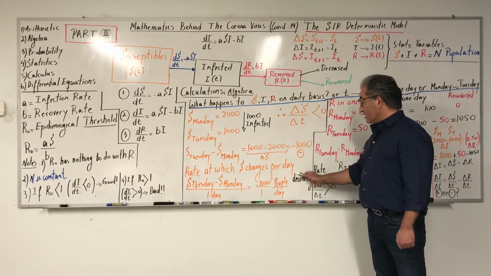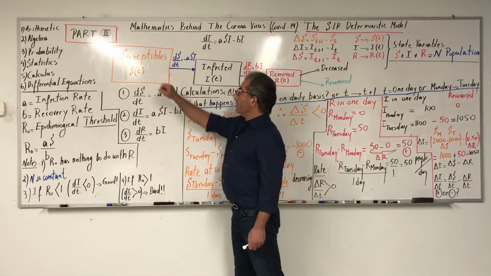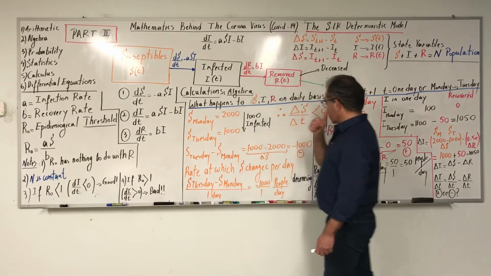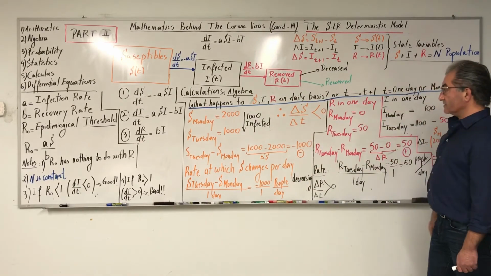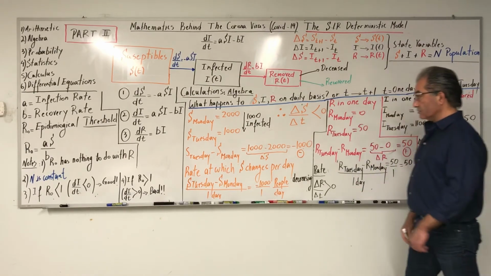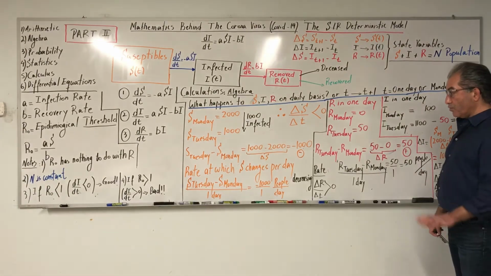It's negative because it's decreasing. If we had 2,000 people on Monday, on Tuesday we have 1,000. So the number of susceptible people goes down. That's something to notice, and I'll let you know in the next lecture why it's important.